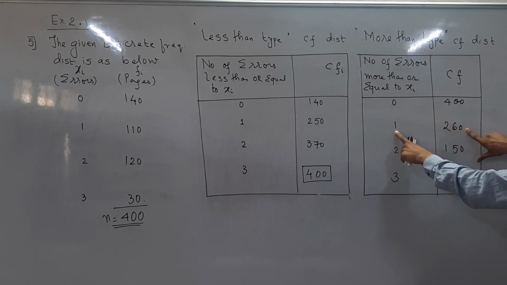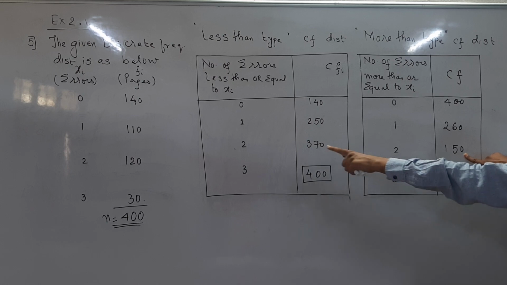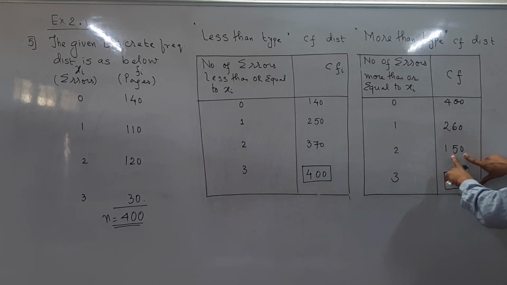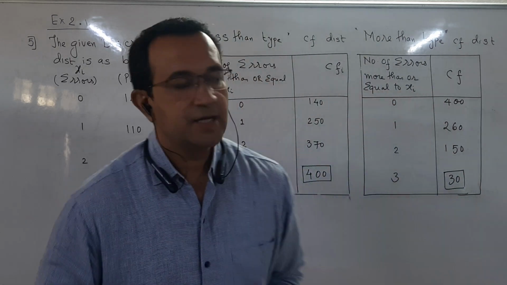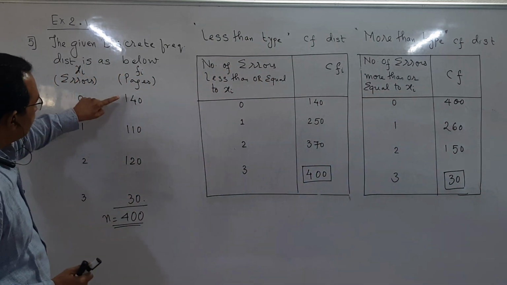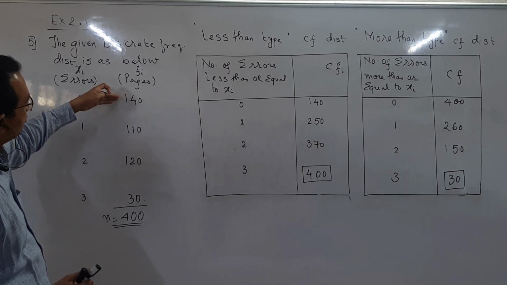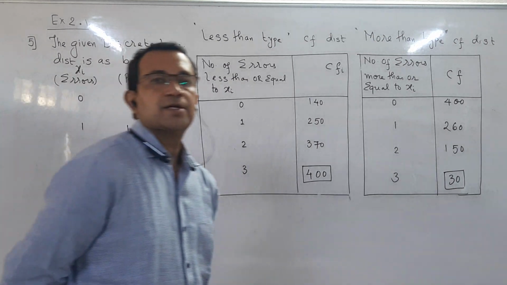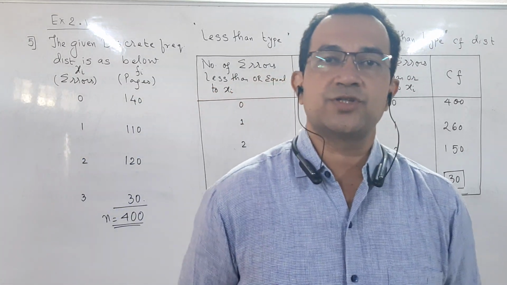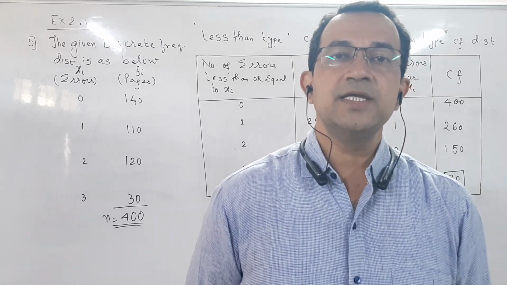Then subtract the frequency of 1, which is 110. 260 minus 110, so 150. Subtract the frequency of 2, which is 120. 150 minus 120 is 30. So like this, here we have to go on subtracting from the first frequency. And in less than type, we have to go on adding from the first frequency. That you remember. Then students, this type of questions are going to be very easy.